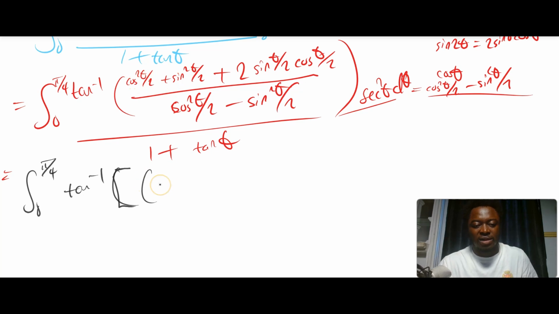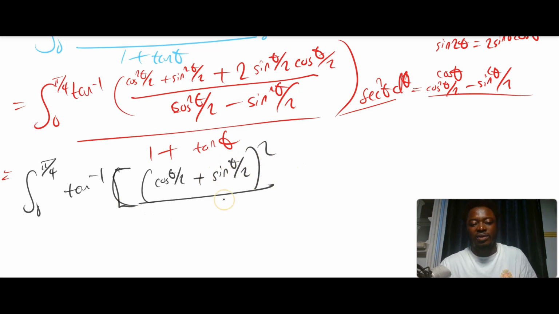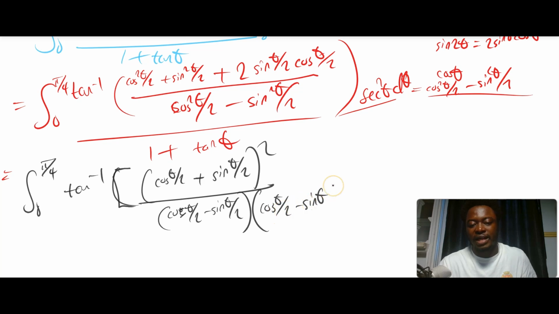as cosine theta over 2 plus sine theta over 2, all squared. Then at the bottom we could write this as cosine of theta over 2 minus sine of theta over 2, and then multiply by cosine of theta over 2 minus sine of theta over 2.